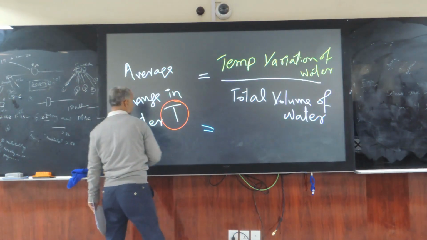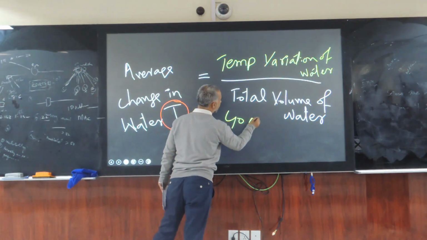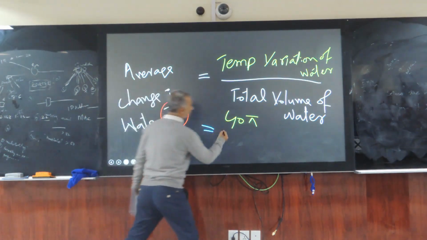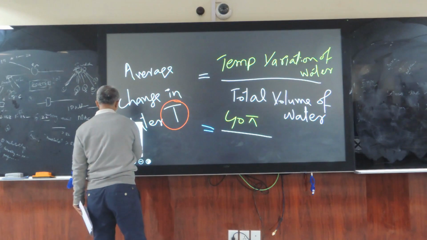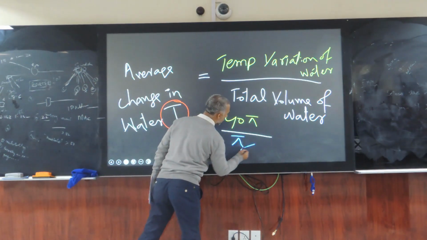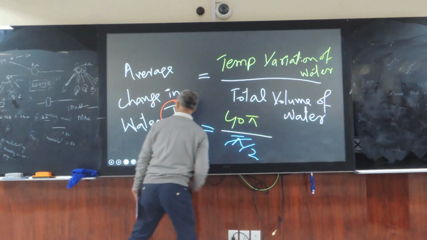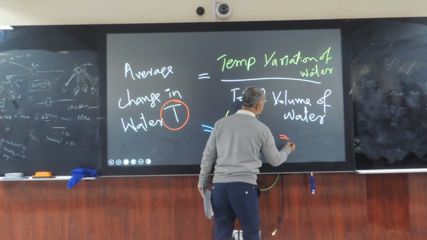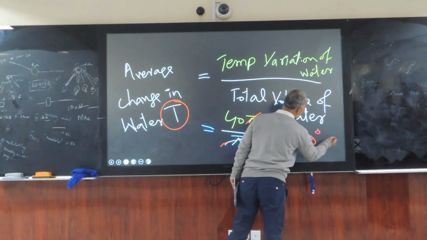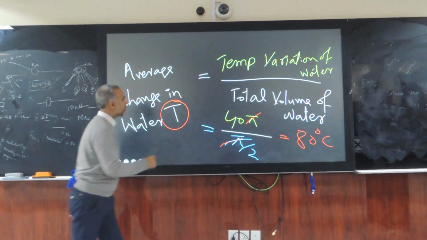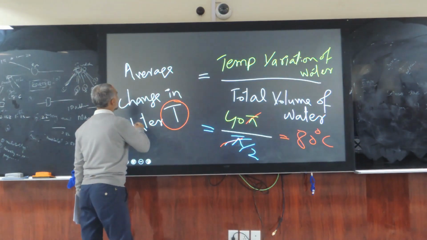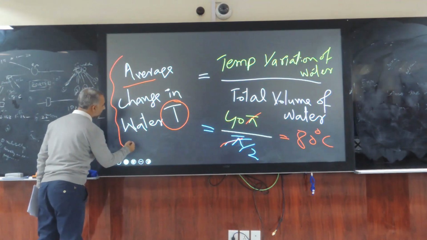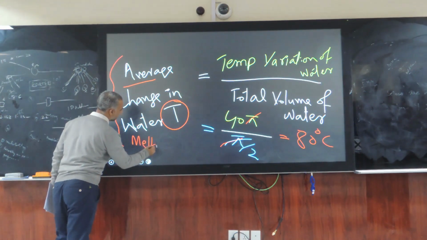So 40 pi divided by pi over 2, the pi will be cancelled out, and we will have 80 degrees centigrade. Therefore, this is the average change in water temperature using the integral, or you can say the method of disk.